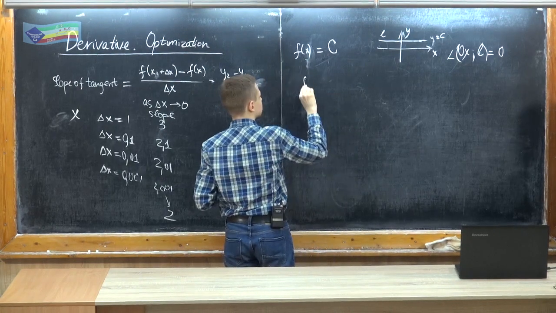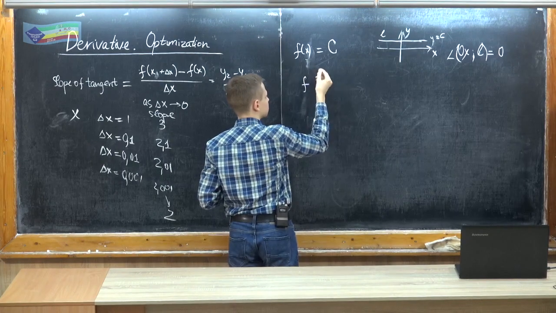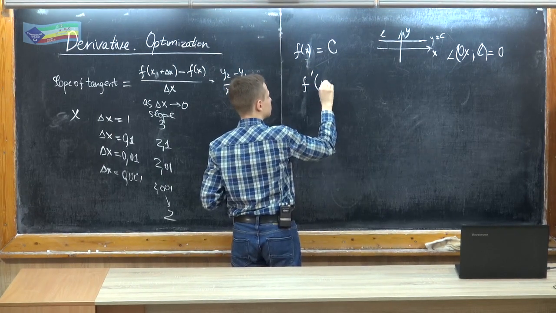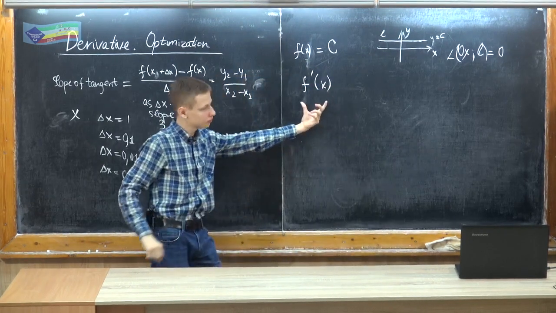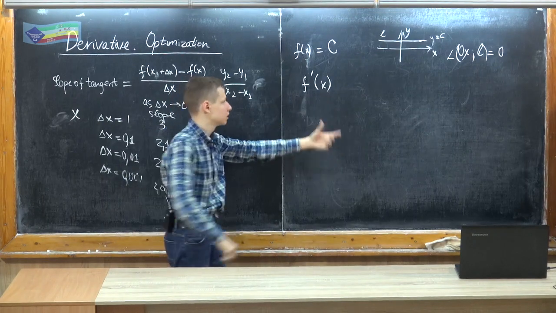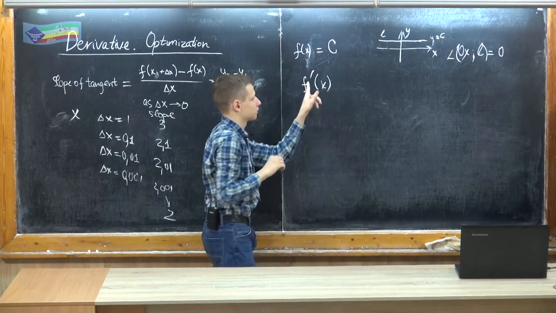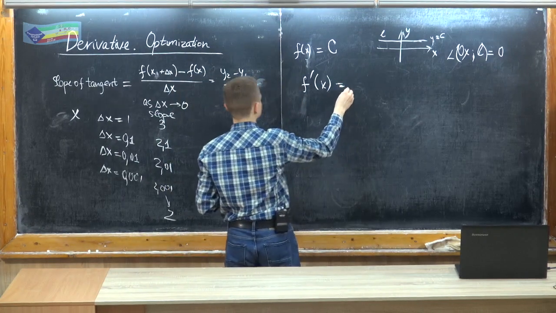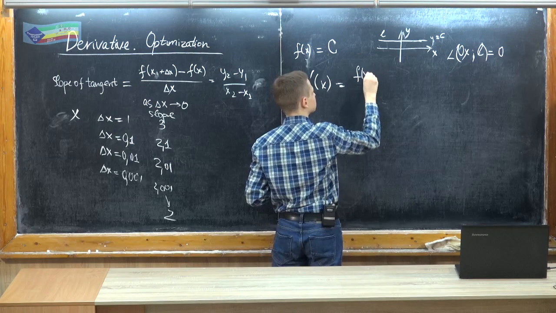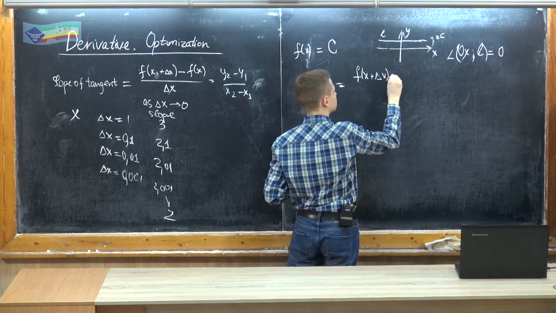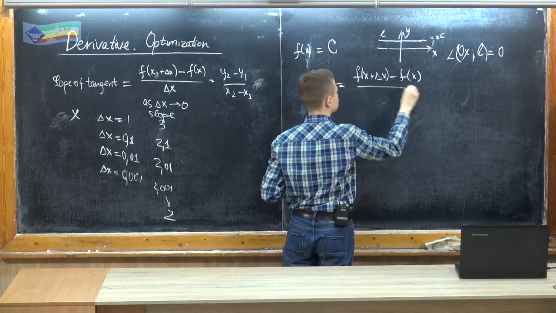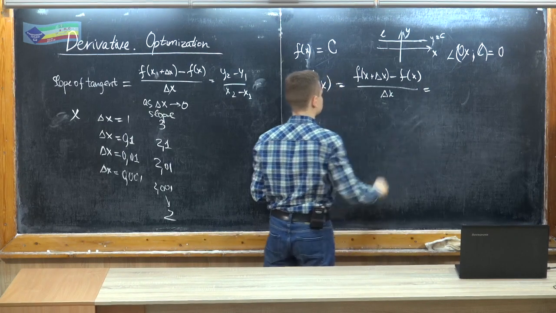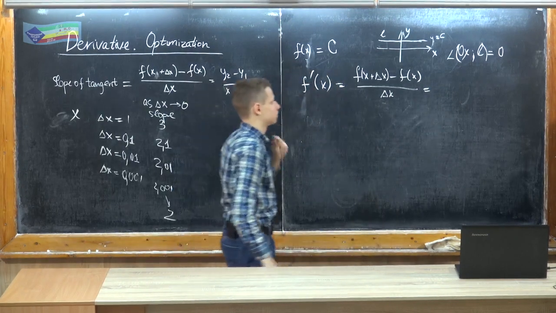So we get that the derivative, which is denoted like that. So we have our function, and we just have this symbol under. Let me write one more time. And now we can substitute our function.